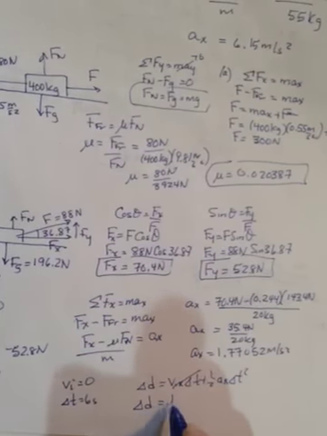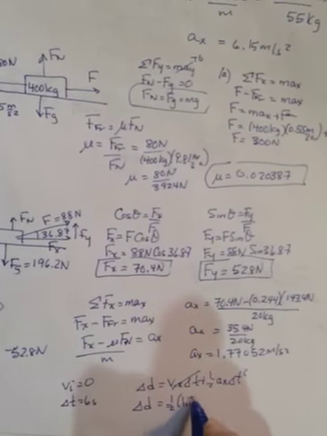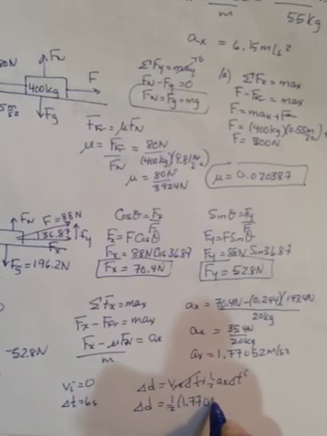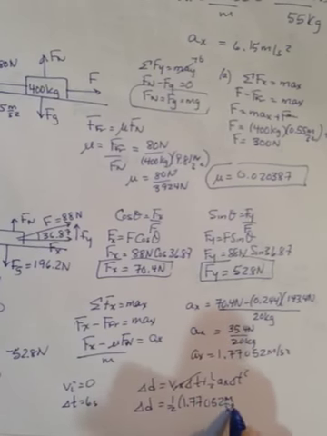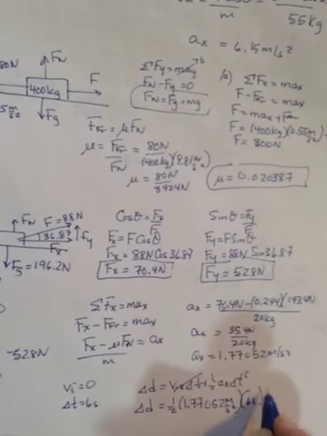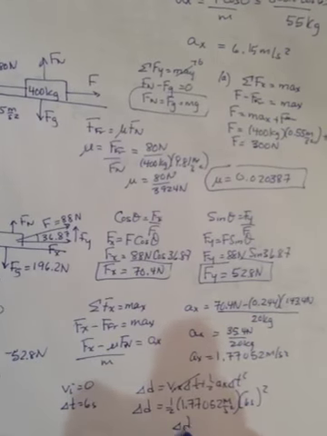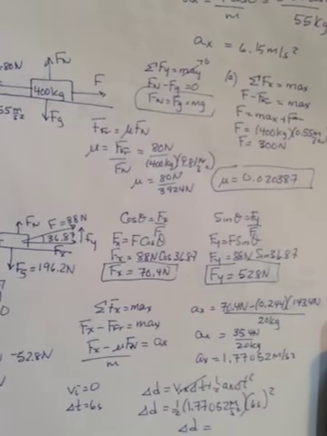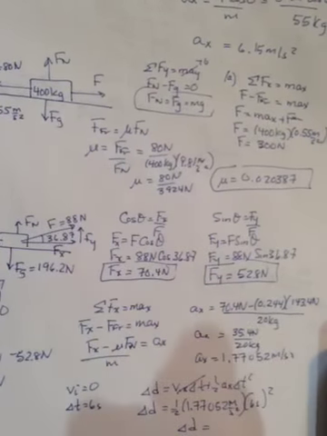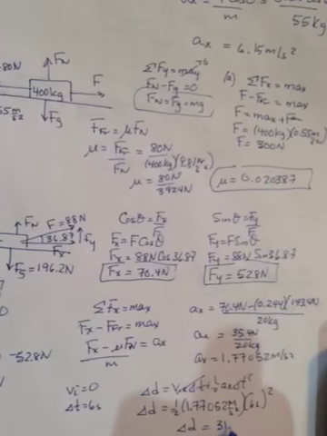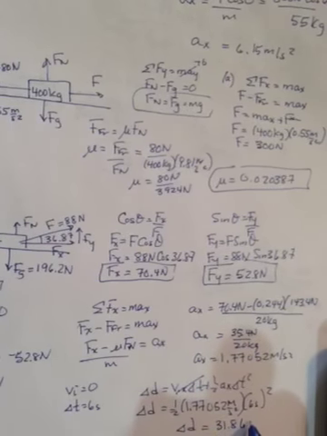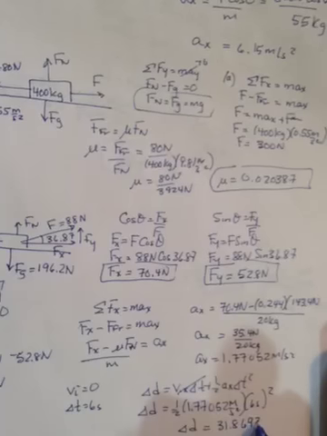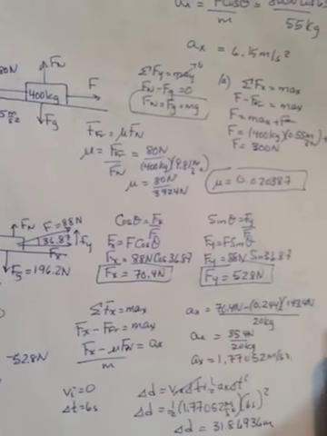Delta d is equal to 1/2 times 1.77052 meters per second squared by 6 seconds squared. 36, half of 36 is 18 times your 1.77, 31.6869, so about 32 meters, and you are done.